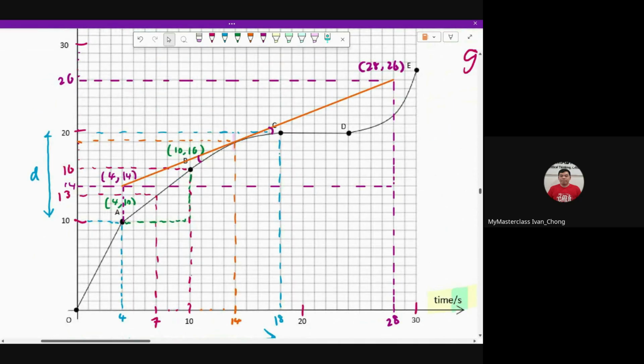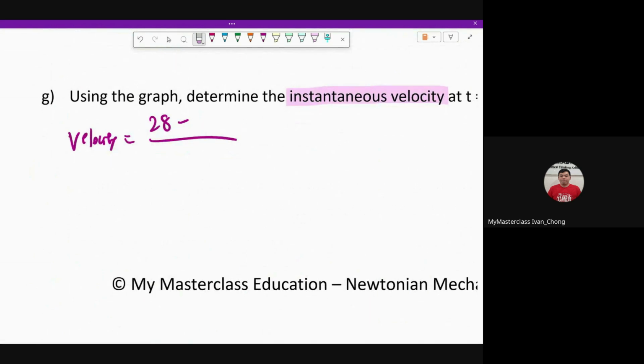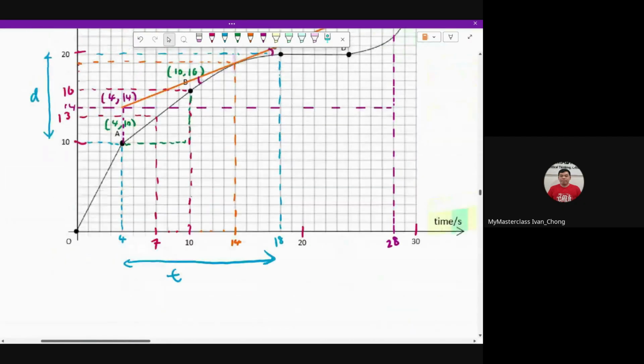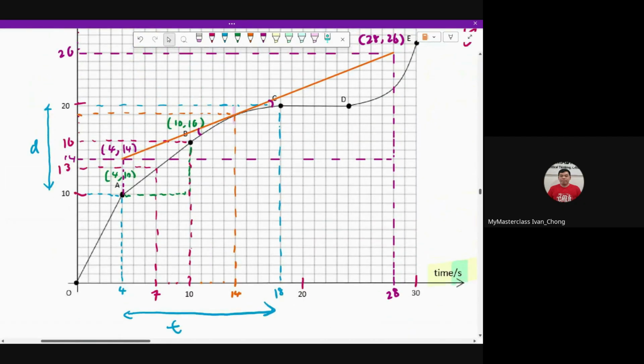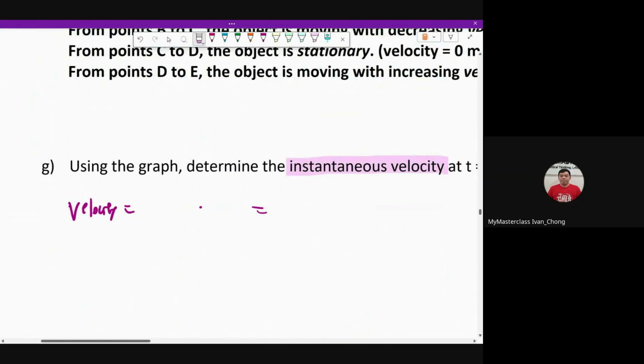It is 28 minus 4 and 26 minus 14. Okay, let me just double check. No, it's the other way around. It is y2 minus y1, not x2 minus x1. So it's 26 minus 14 over 28 minus 4. You end up with 0.50 meters per second.